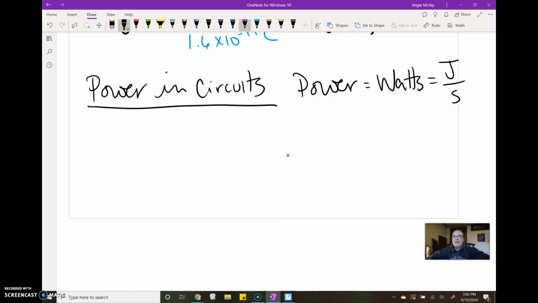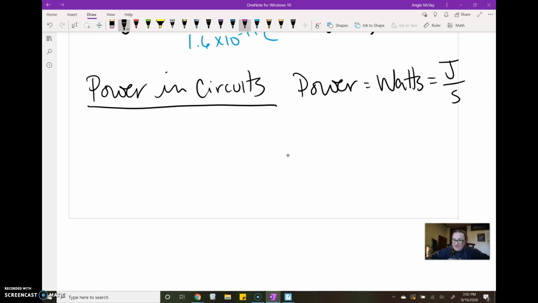So we're talking about energy used per second. And what is using energy in a circuit? Well, it's whatever's providing resistance. It's an appliance, a light bulb, or a device that's called a resistor.